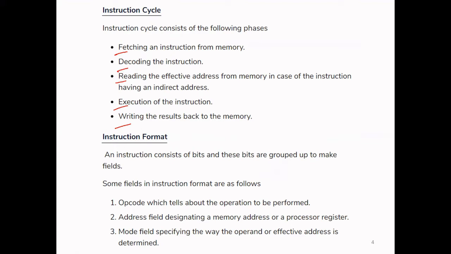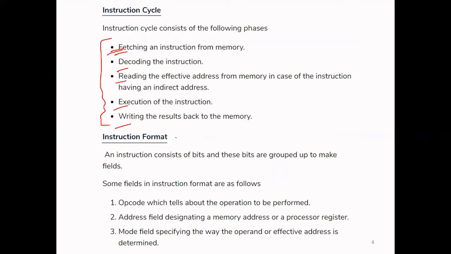If there is an indirect address, then read the effective address from memory, because not only fetching the instruction, but it has to read the data also. Once the instruction and the operands are fetched, then execute the instruction is the next sub operation, and after execution, write the results back to the memory. This together is the instruction cycle. Every instruction has to go through these 5 steps.